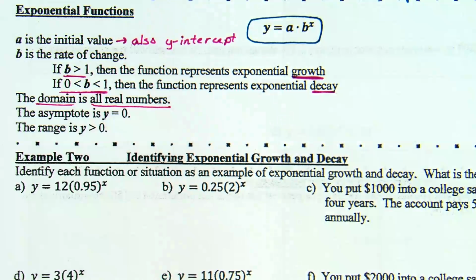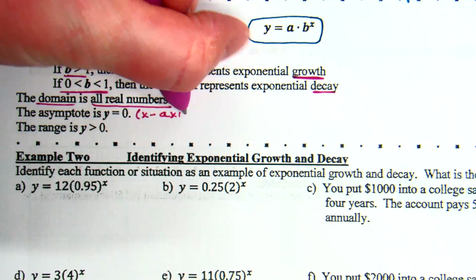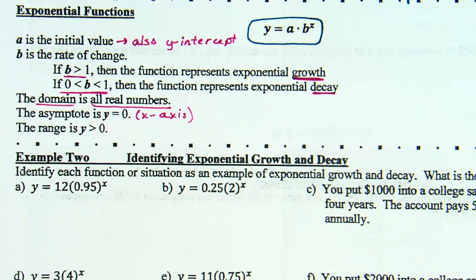I mentioned the word asymptote earlier. On these graphs, our asymptote was the x-axis, right? What's another name for the x-axis? y equals 0. Okay, so as long as it's not translated up or down, that x-axis is the asymptote.